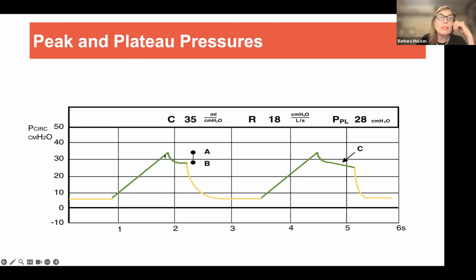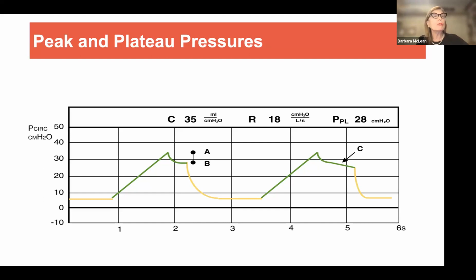When the breath goes in at the peak of the push in, that actually is your peak inspiratory pressure or peak airway pressure. That's 35. And when we've asked the vent to close the exhalation valves, that's because your respiratory therapist pressed inspiratory hold. The plateau is 28. Now, we would like to always see peak pressure less than 40, and we would like to always see plateau pressure less than 25.